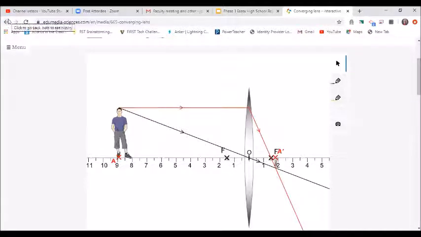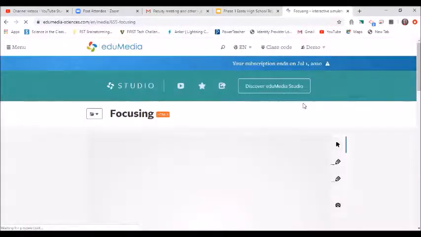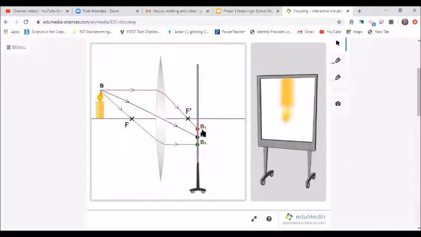Let's take another look at what focusing really is all about. So what it means to be in focus is that if we put a screen there, we ought to be able to see the object. But in this case, it's not sharp because the lines are not really coming together the way they should.